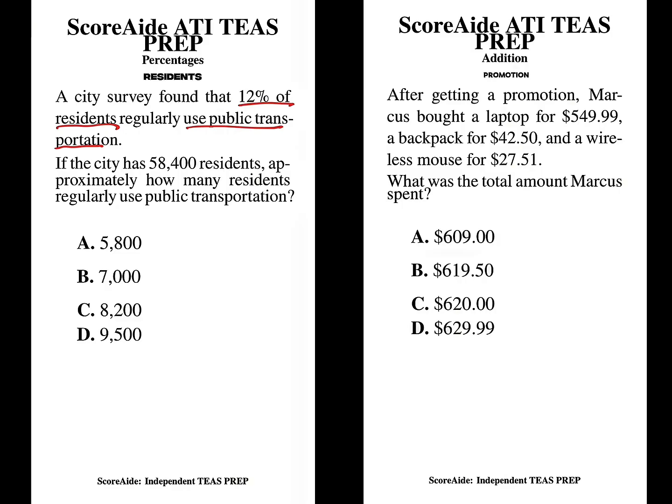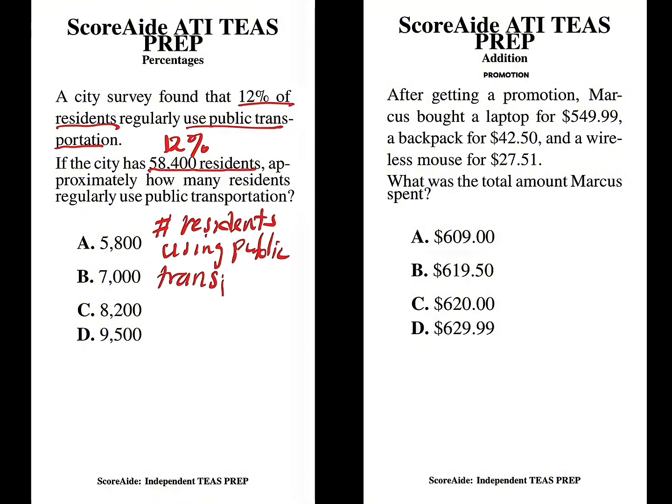So, how many residents are in the city? 58,400. Therefore, 12% of these 58,400 residents use public transportation. So the number of residents using public transportation is going to be equal to what? 12%, which is 12 over 100, times 58,400.